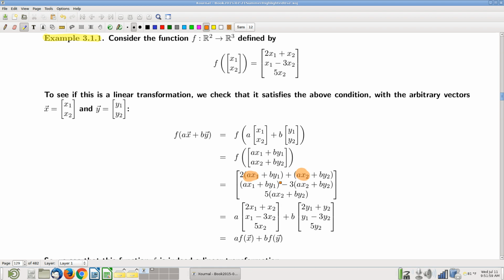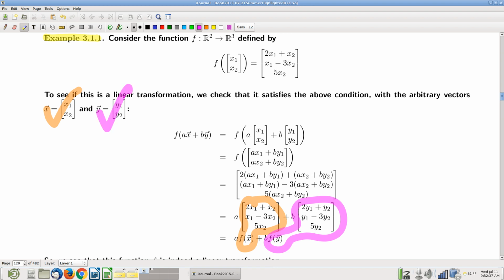The terms that have the A's, just throw them all together over there. Factor out the A, you might as well. And then the terms that have the B's, throw them all together over on the right, factor out the B. You get that? And lo and behold, we're done, because that is exactly f of x, and this is exactly f of y. So, done.